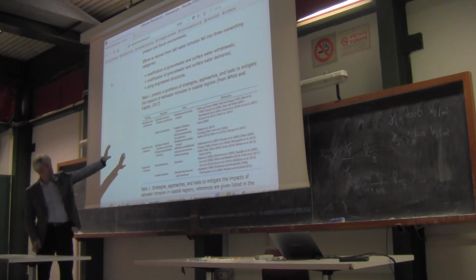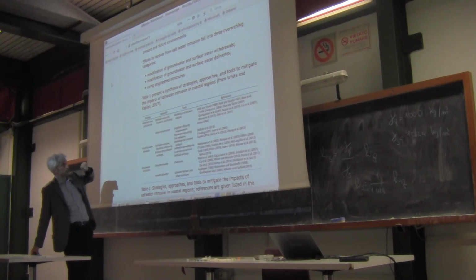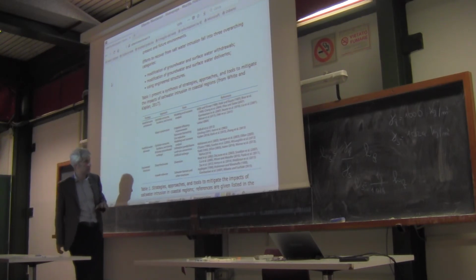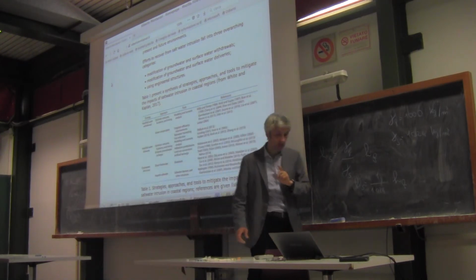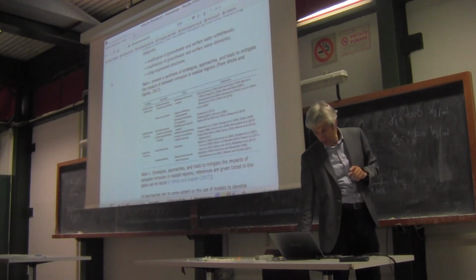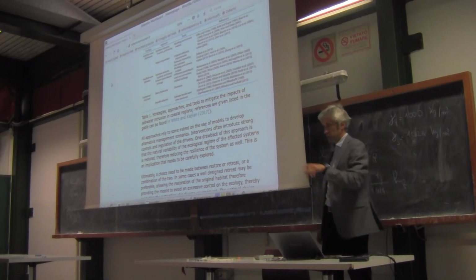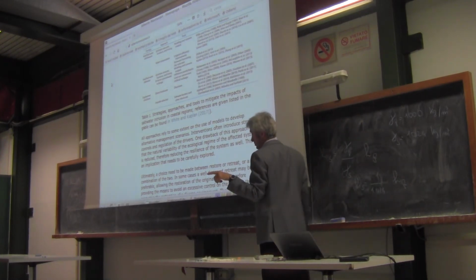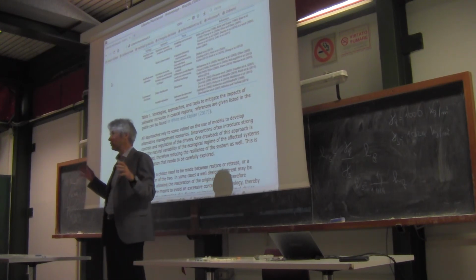This table is taken from a contribution about the impact of saltwater intrusion in coastal regions and provides a summary of actions and references. The actions are those that she also summarized during the presentation. So you may decide to change your policies for groundwater exploitation.